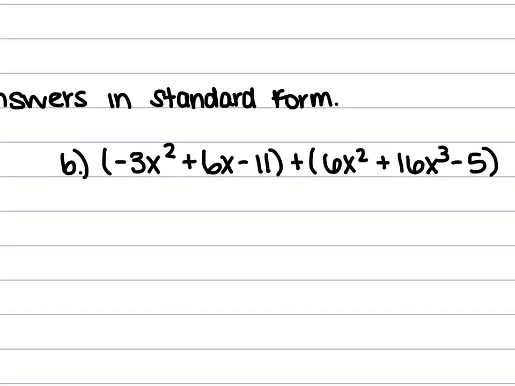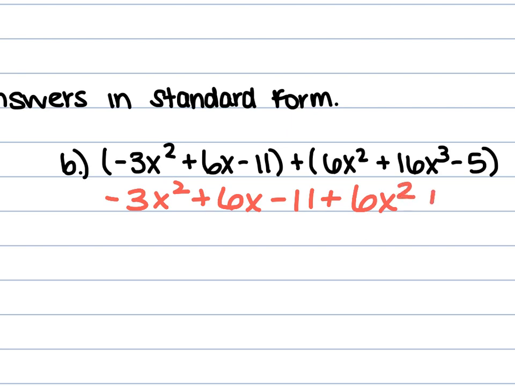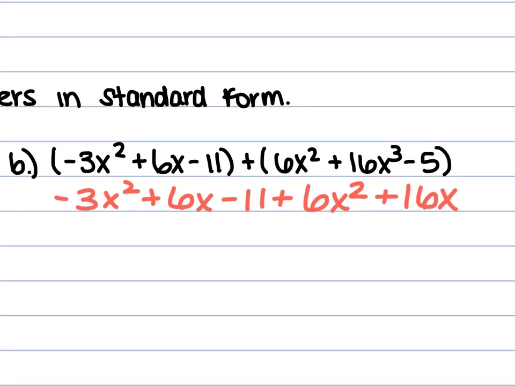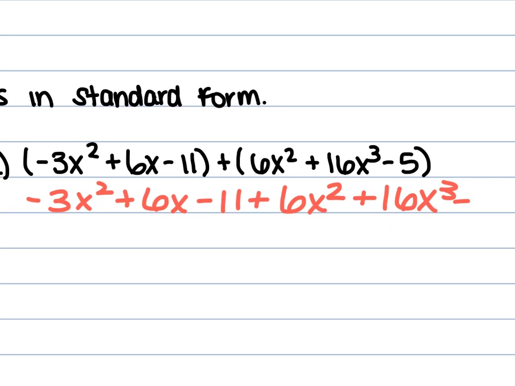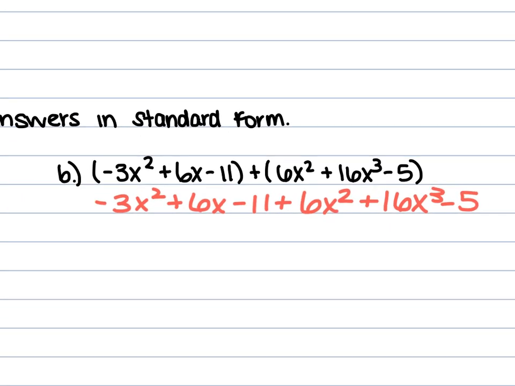For B, we have negative 3x squared plus 6x minus 11 plus 6x squared plus 16x cubed minus 5. So again, we're just combining like terms because this is addition, so we just drop those parentheses, rewrite without them. The highest degree here that you have is that x cubed, so we're going to have the 16x cubed first. It doesn't combine with another like term.